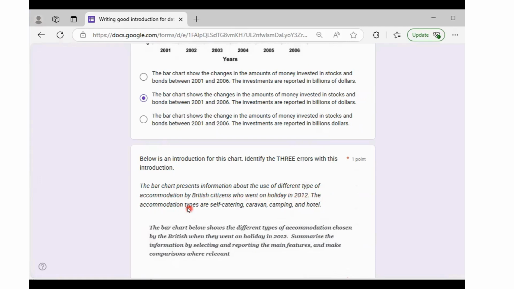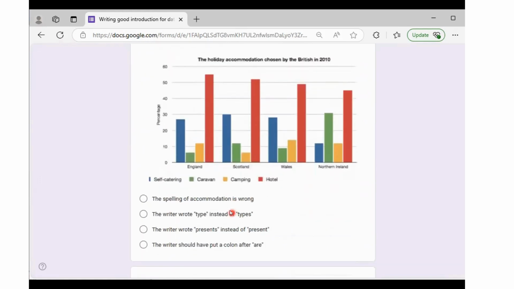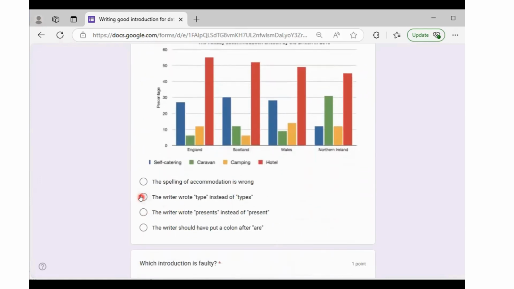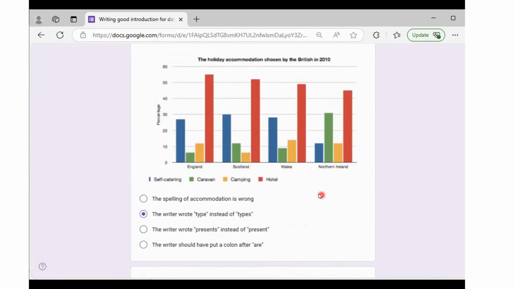The accommodation types are self-catering, caravan, camping, and hotel. Okay, so I've picked one error here. The writer wrote type instead of types.